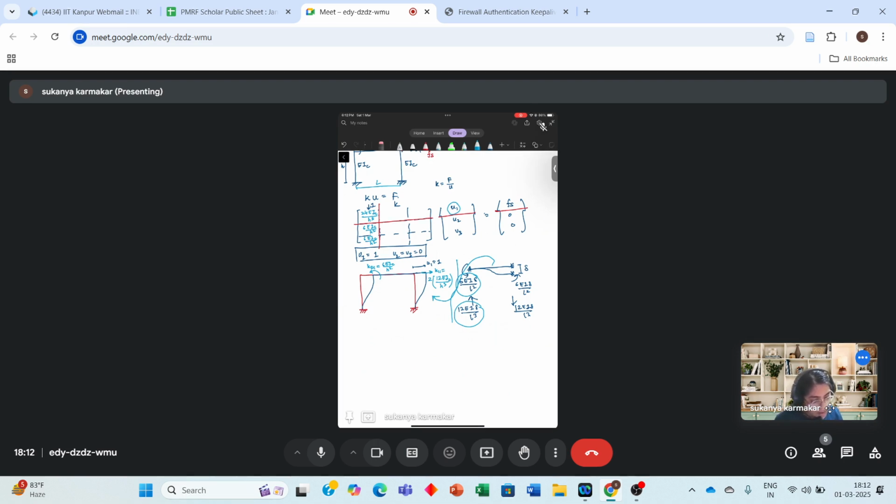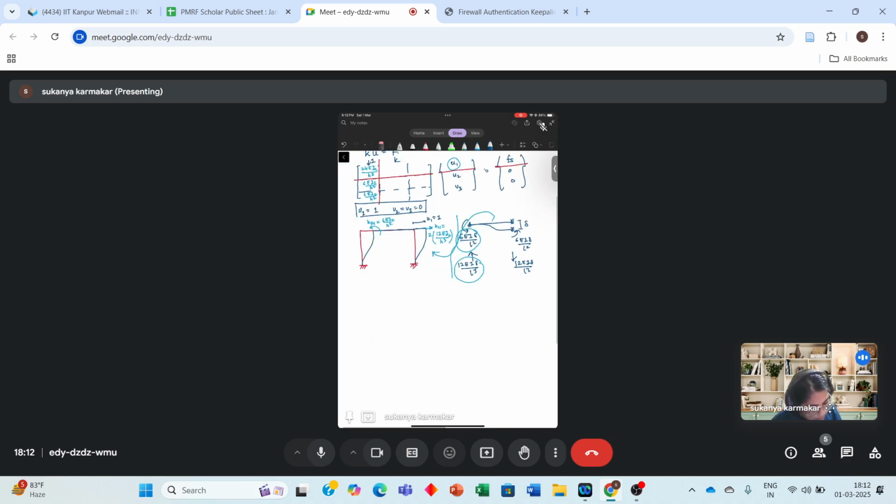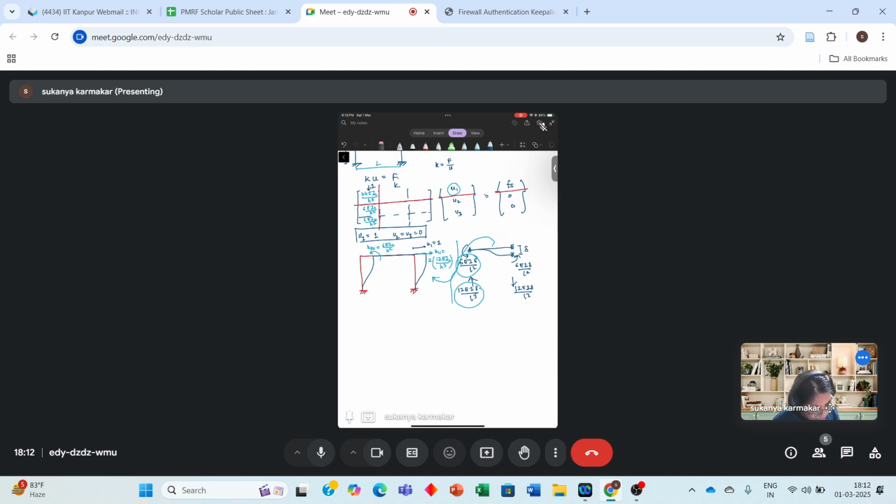Let's not populate the matrix, let's just write it like this: A, B, C, D, U1, U2 and U3.